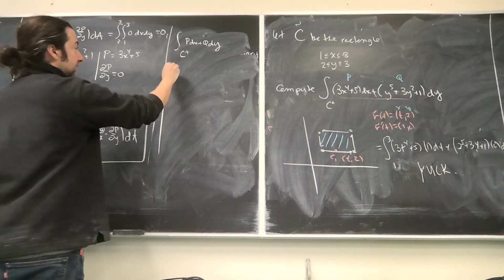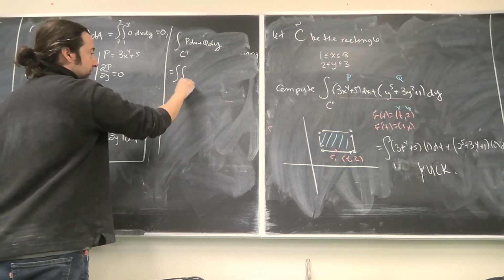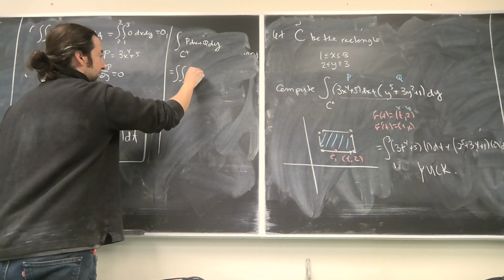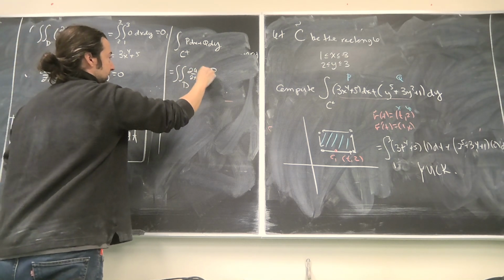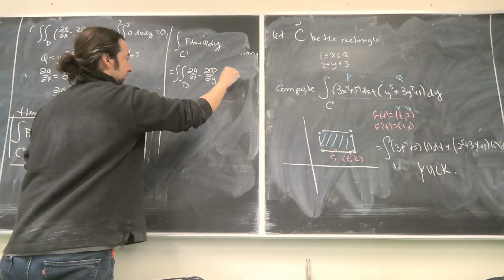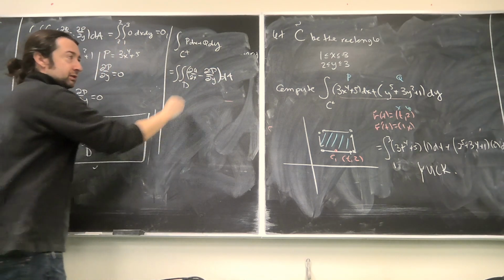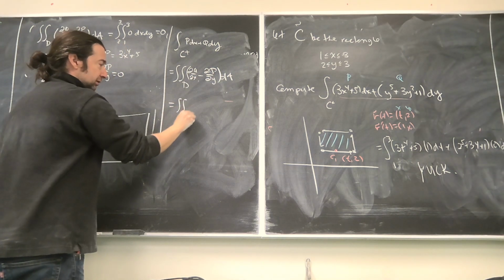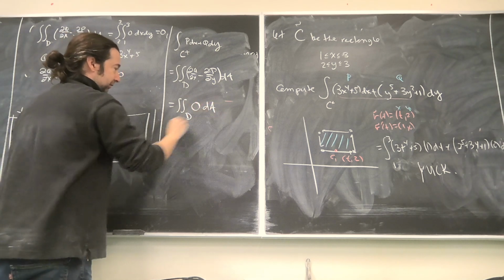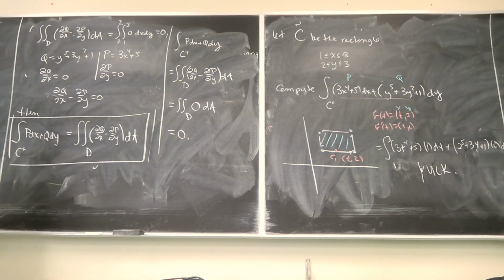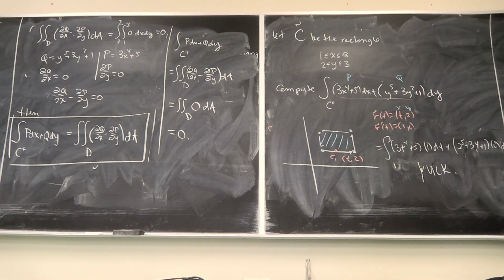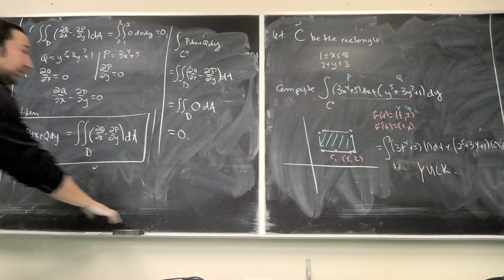And that says that I could replace this with a double integral over the inside of the rectangle of dQ/dx minus dP/dy. But since that quantity was 0, we get 0. It doesn't always work this easily. It's nice when it turns out to be 0, but it's not always true. All right, so let's get another example here.